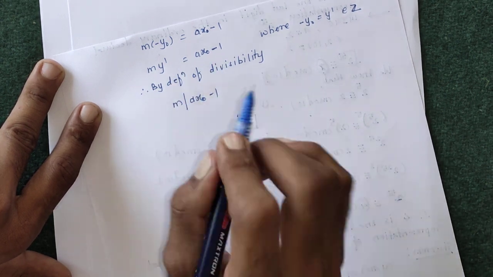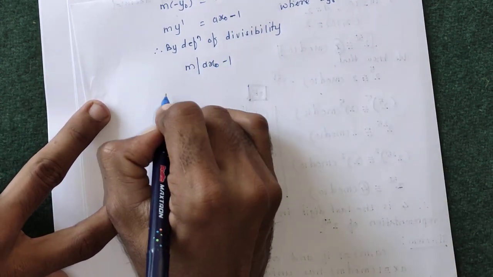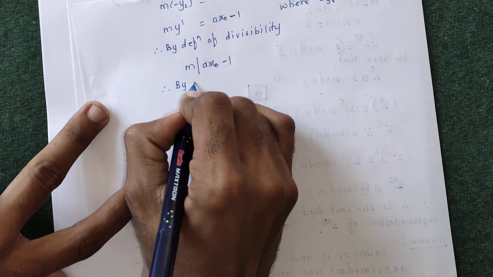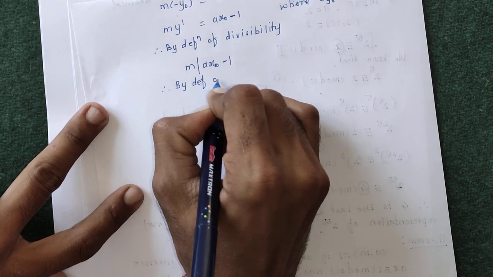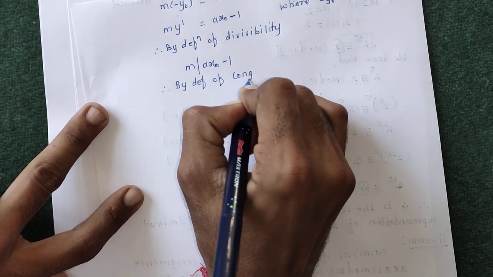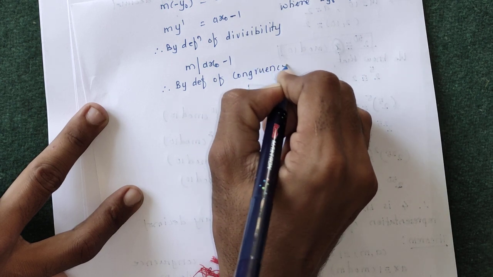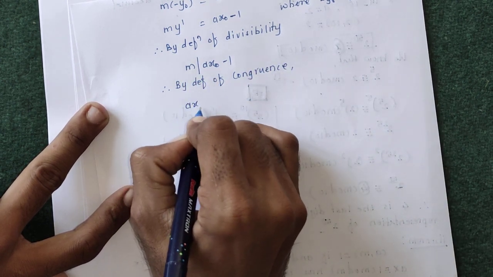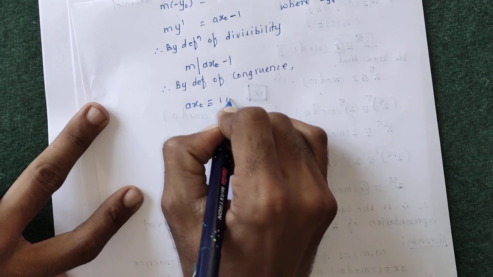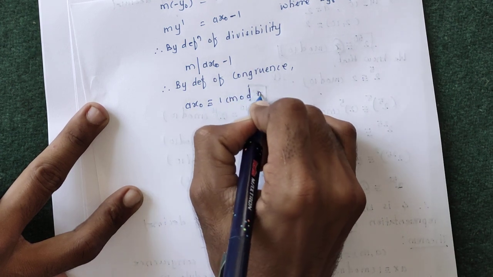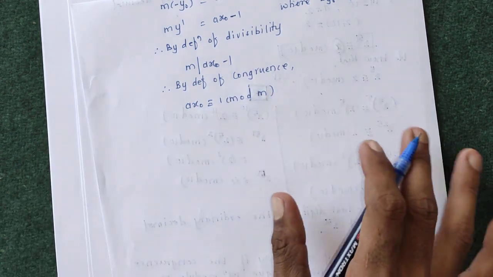And applying the definition of congruence we can write a x naught is congruent to 1 modulo m.